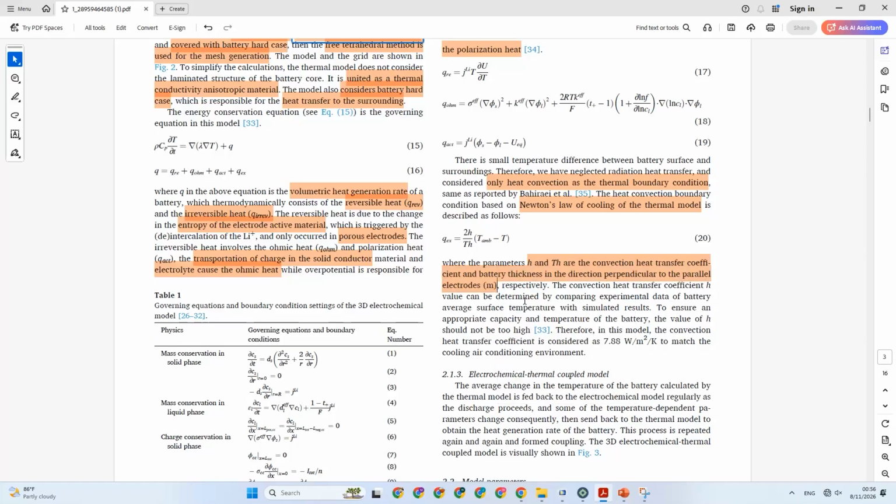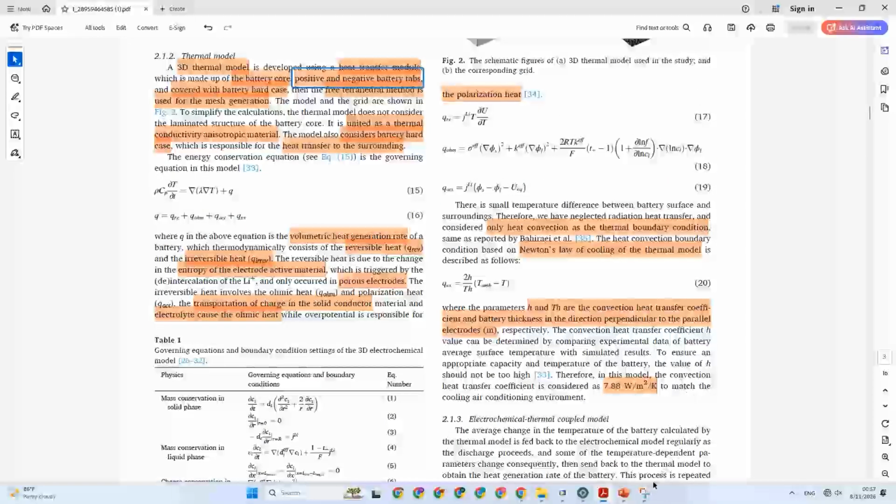Okay, the convection heat H can be determined by experiment. Okay, to ensure an appropriate capacity and temperature of the battery, the value of H should not be high. Therefore, in this model, the convection heat transfer is considered. Okay, the values are available here. Nice.